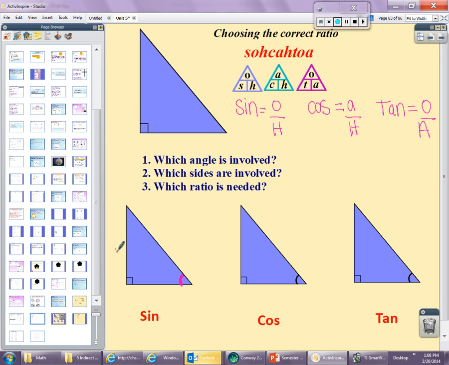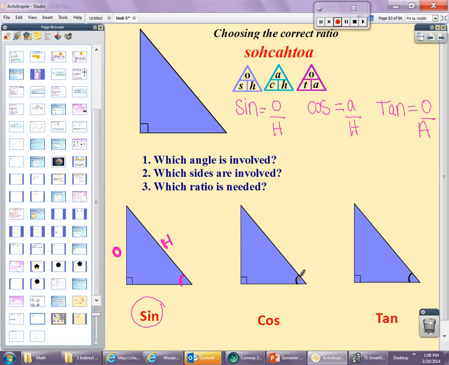I'm just going to call it the O side, the opposite side, and I am trying to find, let's say, the hypotenuse. This is my hypotenuse, which is the H side. Then I know I'm going to use sine because this is my reference angle. I have the opposite side, and I'm looking for the hypotenuse. So I'm going to use sine in that case.